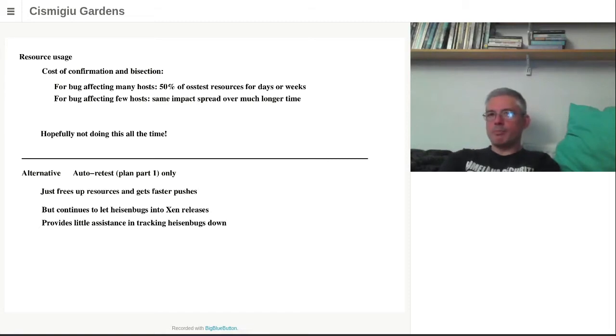That'll get us faster pushes. I think it's a no-brainer to do at least this, but the question is whether we want to do better than that. Okay, so that's the resource usage considerations.